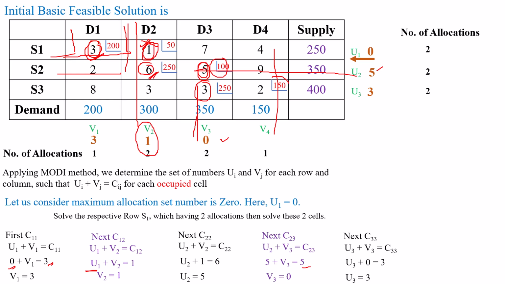Here we have the allocated cell, this C value is the third row and the fourth column, so this value is C34. Next we have to solve C34. So we know the relation is U3 plus V4 equal to C34. We got the U3 value, that is 3, and 3 plus V4 equal to the C34 value, which is 2. Then the V4 value is 2.